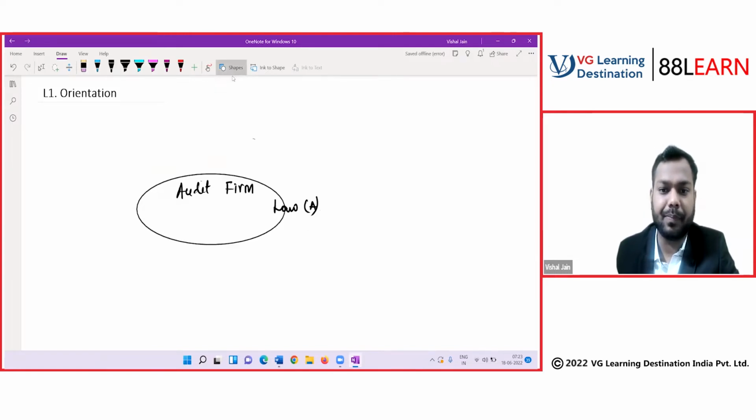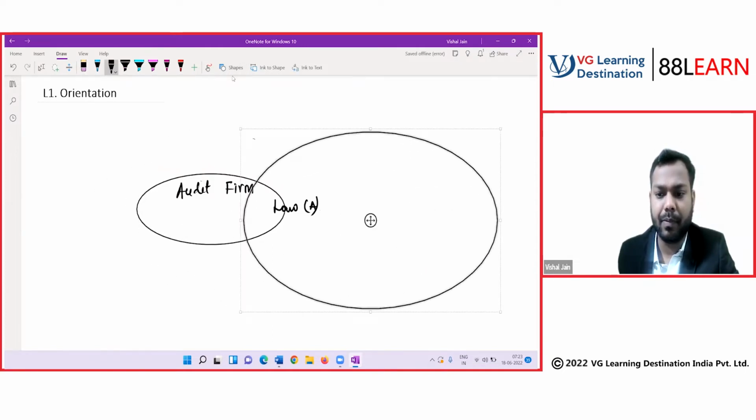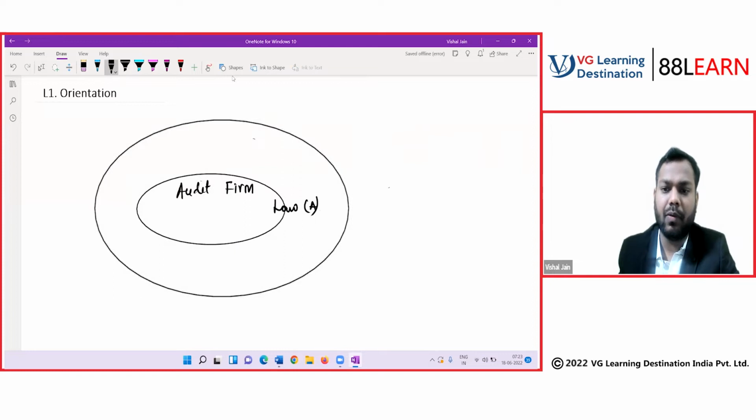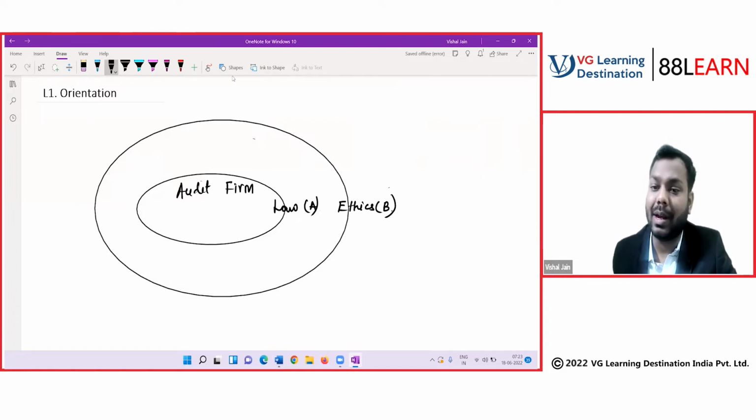Now, another: what is the responsibility of the audit firm from an ethics point of view? That is our syllabus area B, ethics and professional basis. Now, what is syllabus area C?